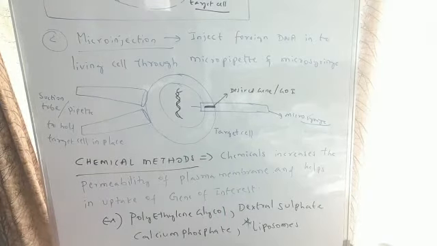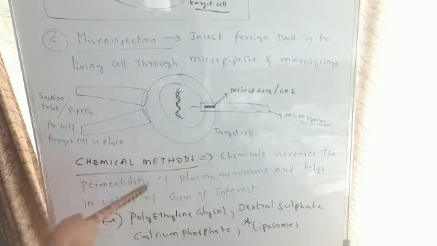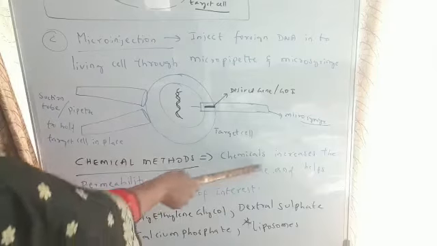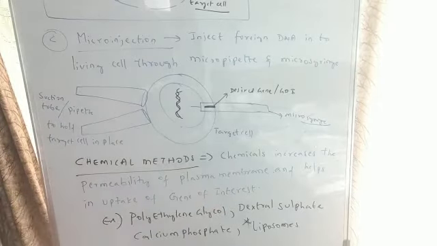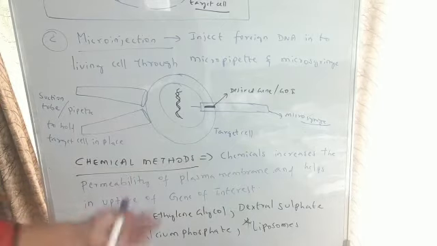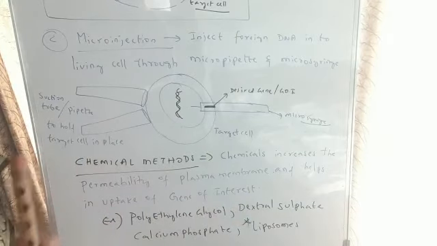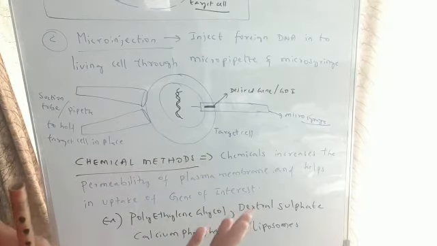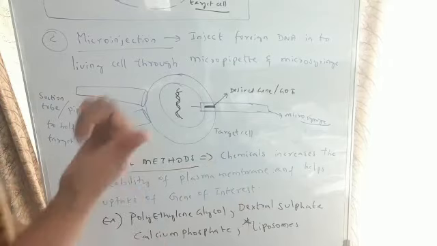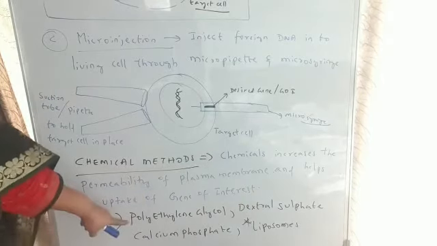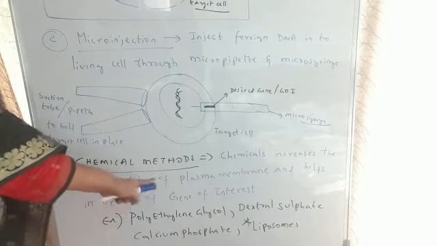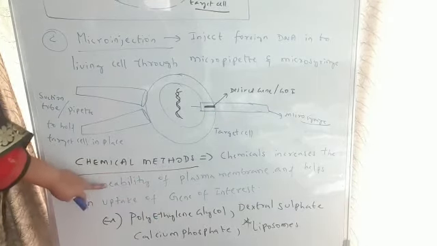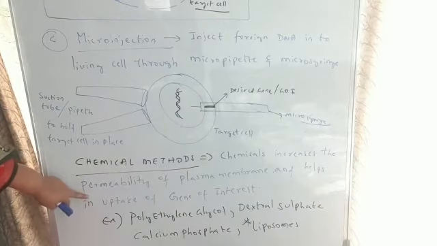Chemical methods use chemicals which increase the permeability of the plasma membrane and help in uptake of the gene of interest, such as polyethylene glycol, dextran sulfate, and calcium phosphate. These chemicals change the plasma membrane permeability so that it can take up the gene of interest. Even here we generally use protoplasts.